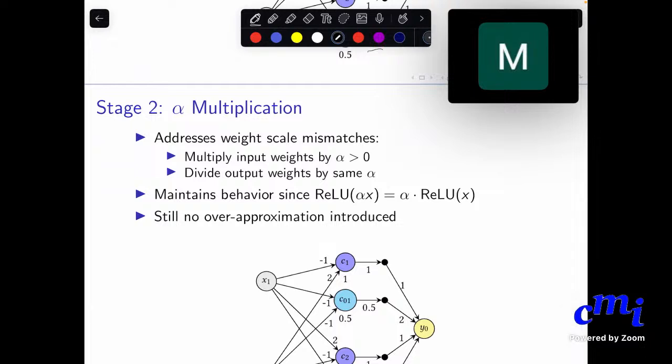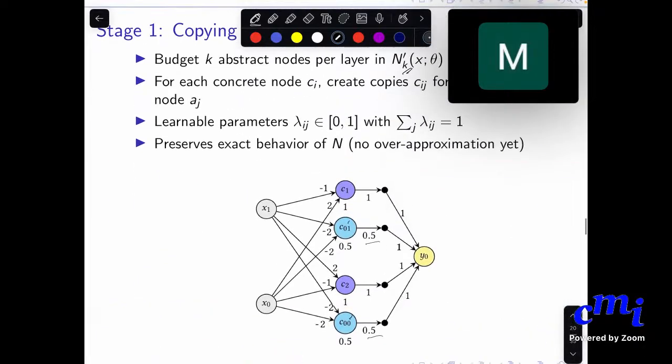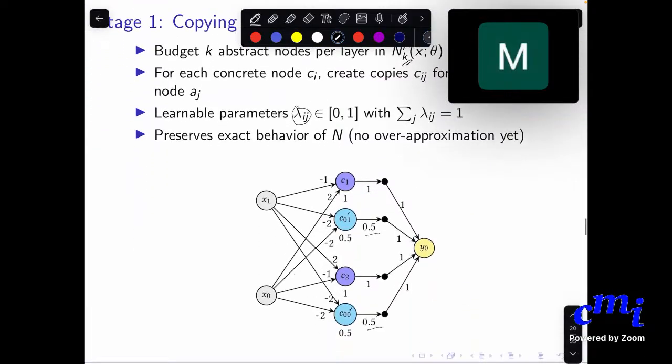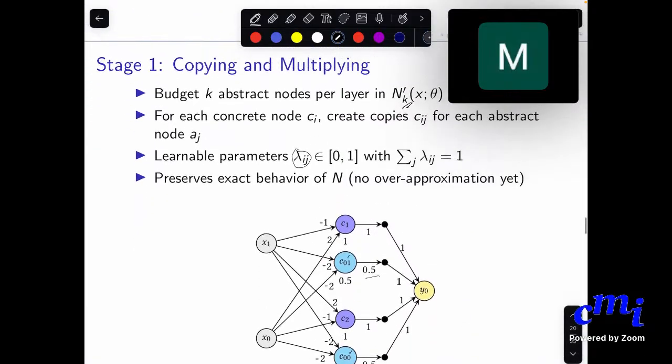How do you choose the abstract nodes? You still haven't described that. We are not choosing lambda ij. But you do say for each concrete node Ci it creates so many copies, J, but we don't even know what J is here. In Guy Katz's approach, if you merge everything it will be 1, or some combination of that.